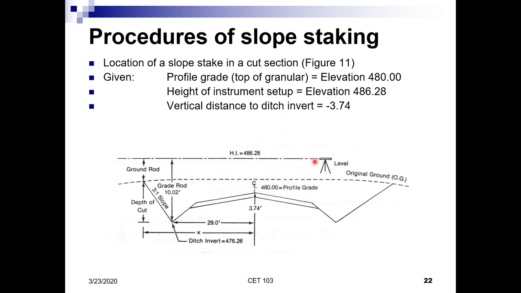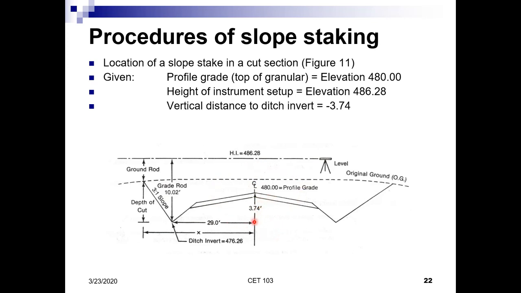Now, we're using a traditional auto level process here, for which we have set up an auto level and established the height of instrument. You'll notice that the height of instrument is 486.28. Knowing my construction project, I would have to know the template. I would start by looking at the design information for this particular area of the roadway.